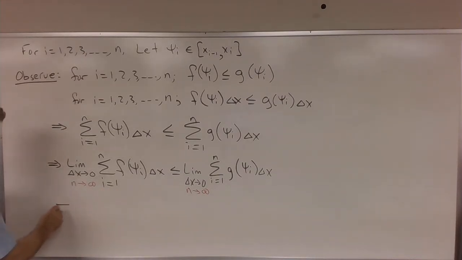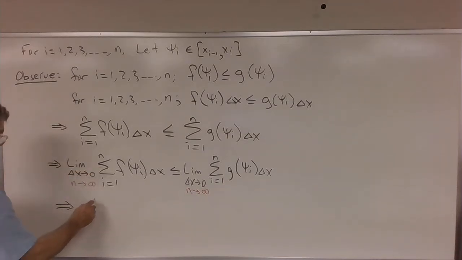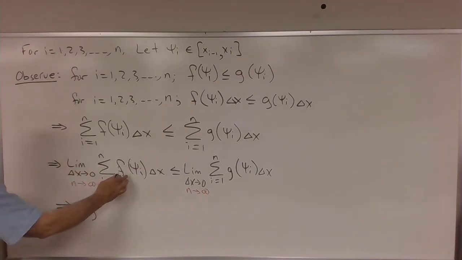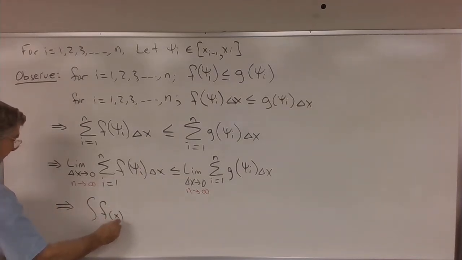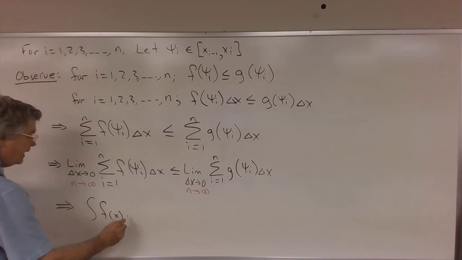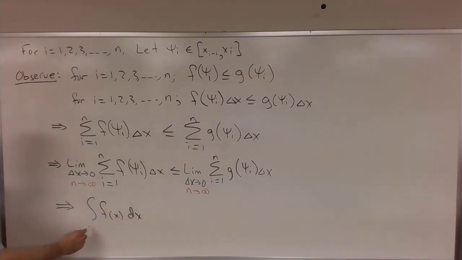Son of a gun. The summation sign becomes an integral sign, and the psi sub I becomes an x sub I, or just an x, and the delta x becomes dx, and the limits of the integral are always the endpoints of the interval that we partitioned into subintervals. Those endpoints were a and b.